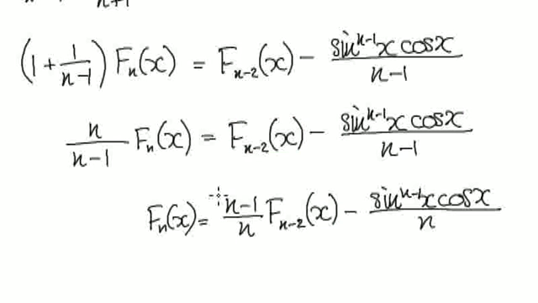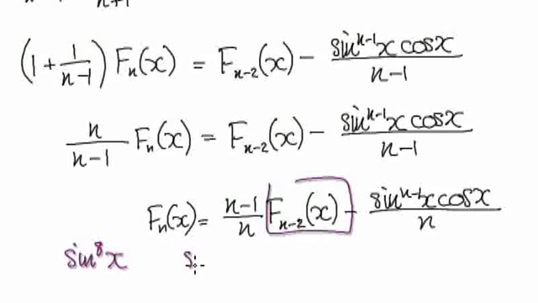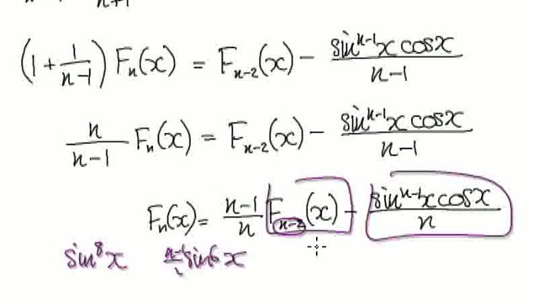What it means here is that if you're trying to work out, let's say, sine to the power of 8 of x, then it's saying work out sine to the power of 6, and then times this n minus 1, and then you've got this thing here.